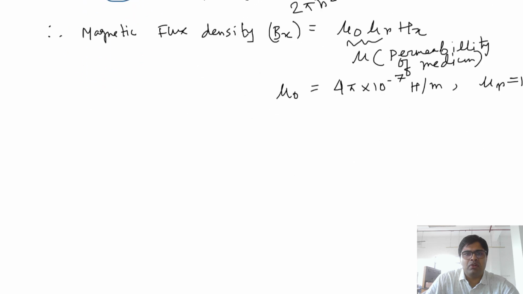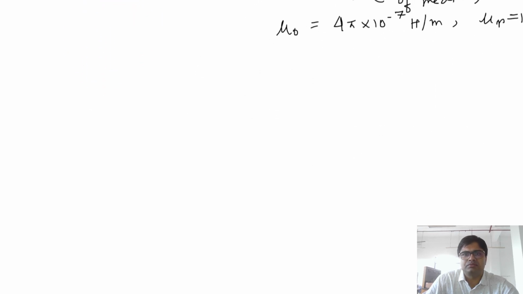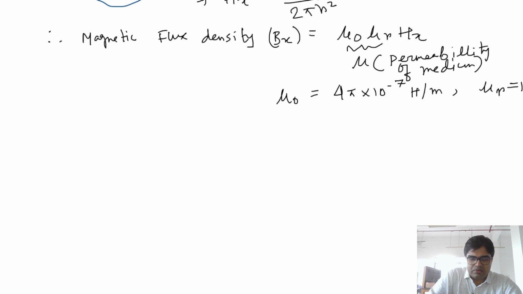So what we have got here is that, therefore we have Hx equal to Ix by 2 pi r square.